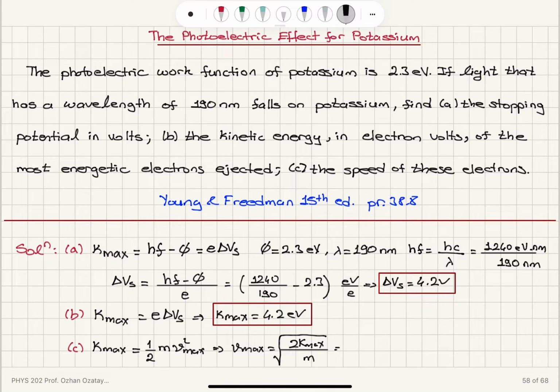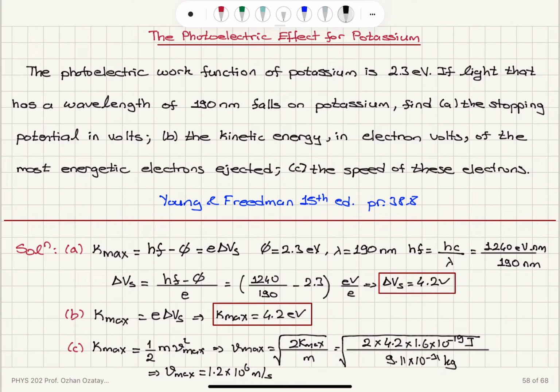If we plug in the numbers here, we have 2 times 4.2 electron volts, 4.2 times 1.6 times 10 to the minus 19 joules, so electron volts converted to joules. Mass of the electron is 9.11 times 10 to the minus 31 kilograms, that's the rest mass, square root. So this gives us a maximum speed of 1.2 times 10 to the 6 meters per second.